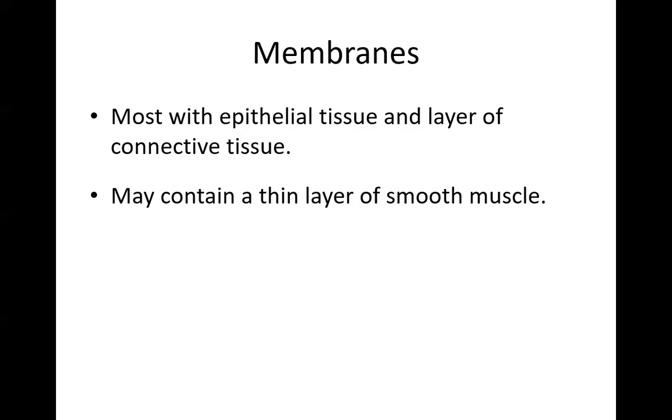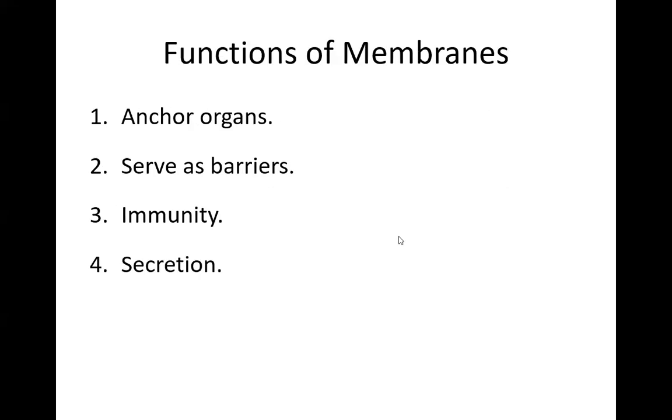These are the layers that mediate the passage of blood and nutrients from the connective tissue into these organs. And many of them contain a thin layer of smooth muscles.